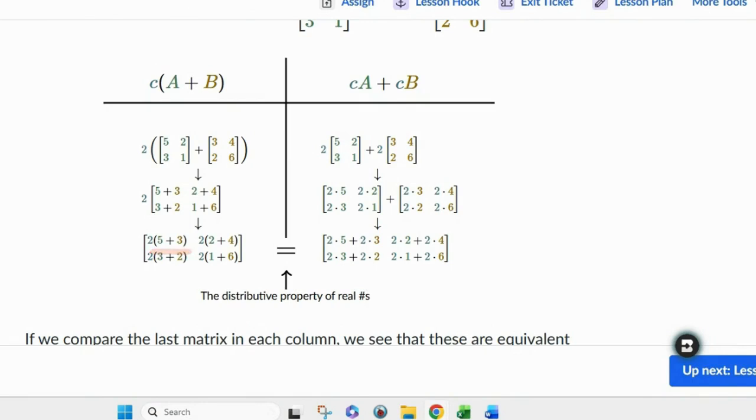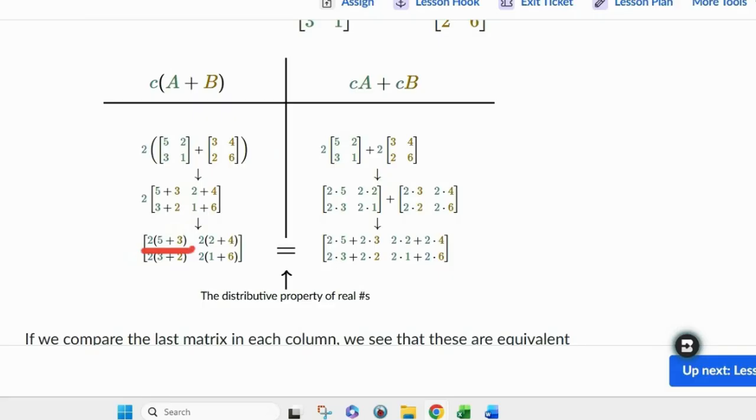Or we could distribute it, CA plus CB, because that's the C being distributed. So it'd be C times the first matrix and then C times the second matrix. So you'd have 2 times 5 plus 2 times 3. That's 16, right? 2 times 5 is 10, 2 times 3 is 6, so 16. What is it over here? 2 times 5 plus 3, 2 times 8.